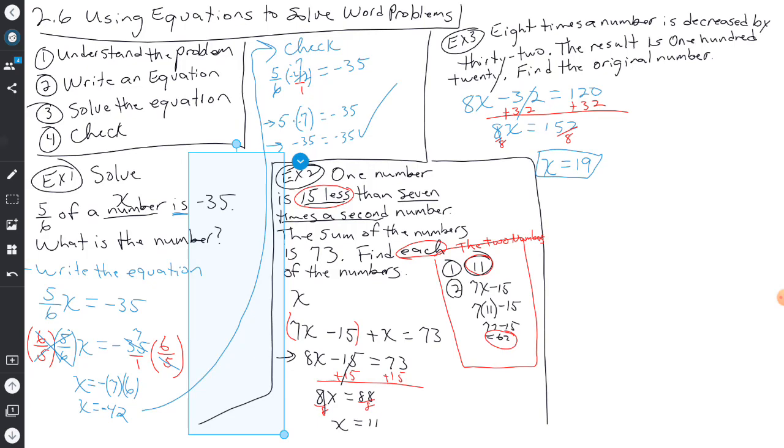And we can check this. If we want to check it, we go back to the original equation, and in the place of x, we're going to put our 19. 8 times 19.